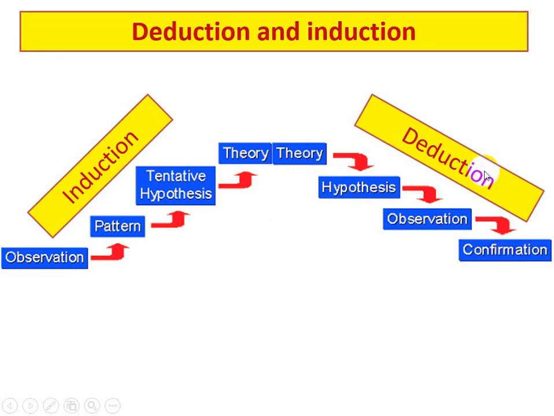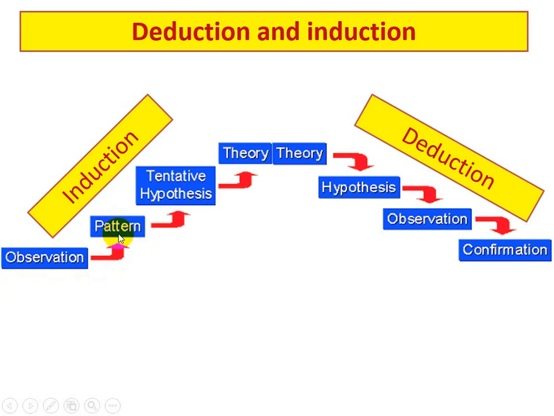So this is deduction. But in the case of induction, we usually start with observation. I mean, we usually observe phenomena, we observe things in specific cases or specific individuals. And we try to collect these observations to create a pattern.